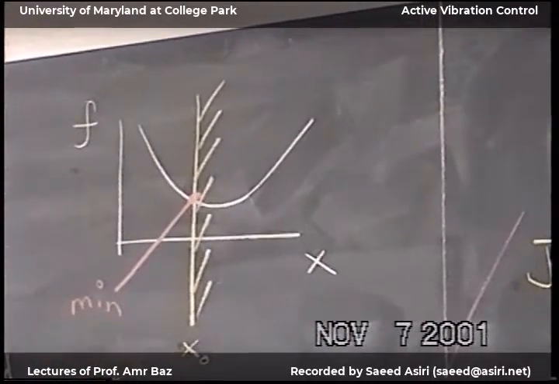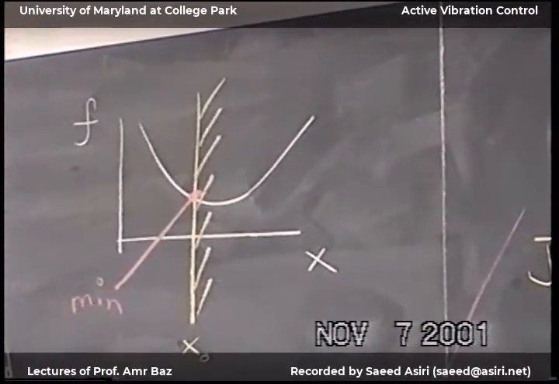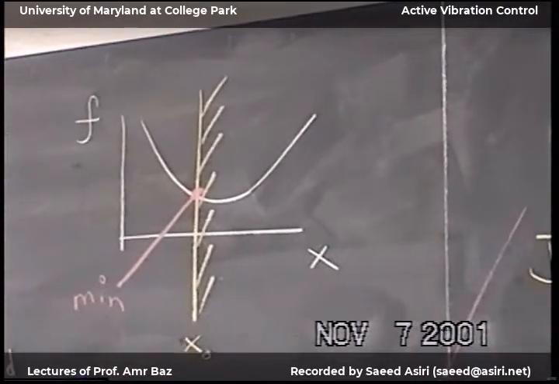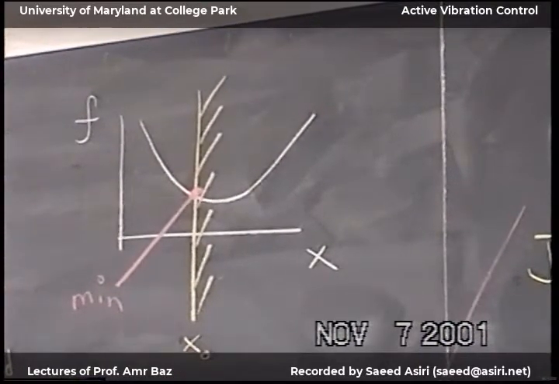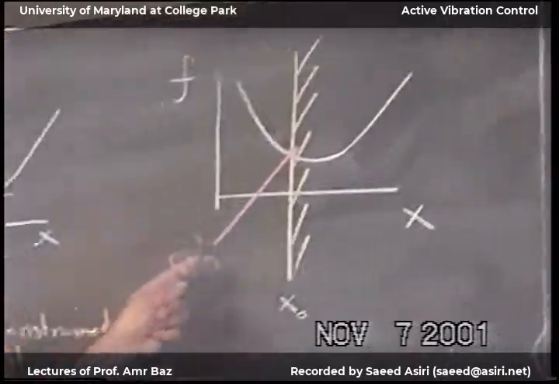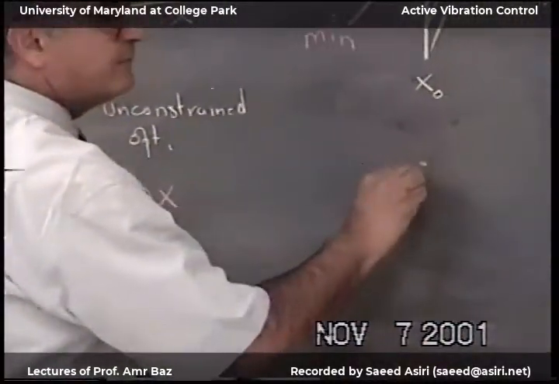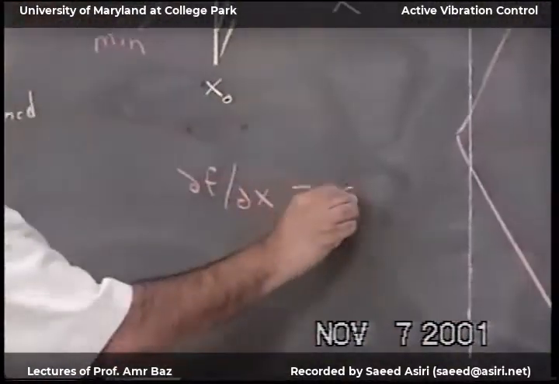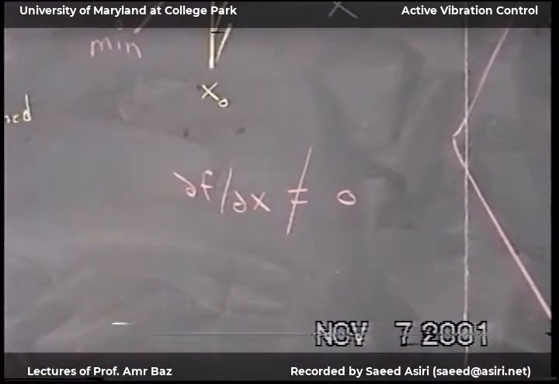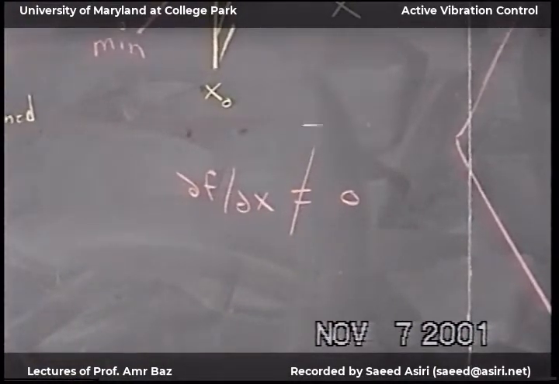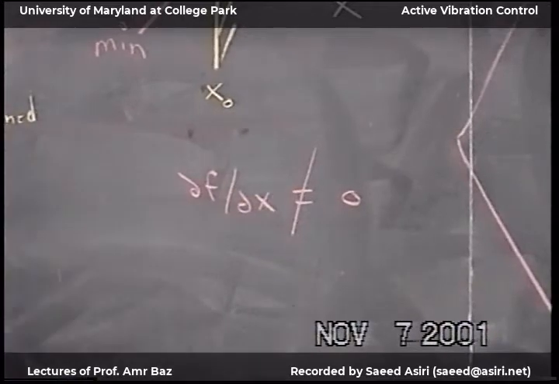And this is completely different than what I can get by partial differentiation of f with respect to x. And in this case, the minimum does not occur at partial equal to 0. Okay, so now this is unconstrained optimization, this is constrained optimization.